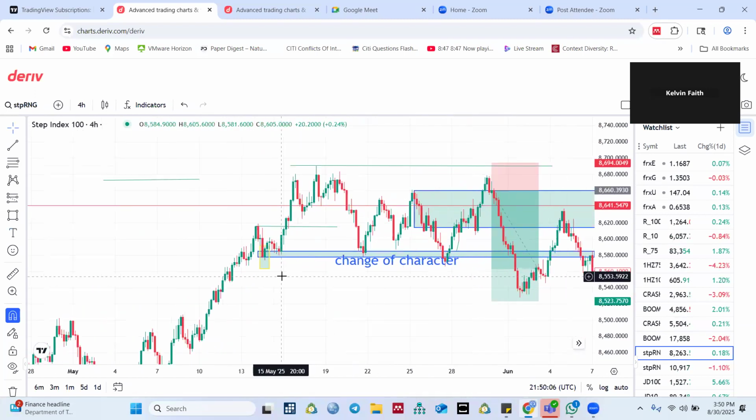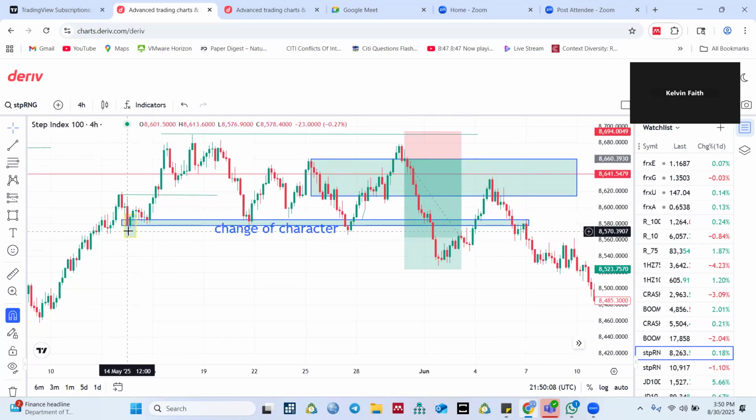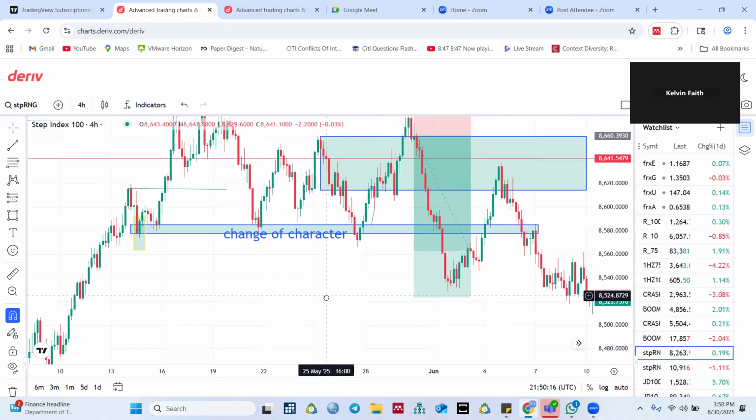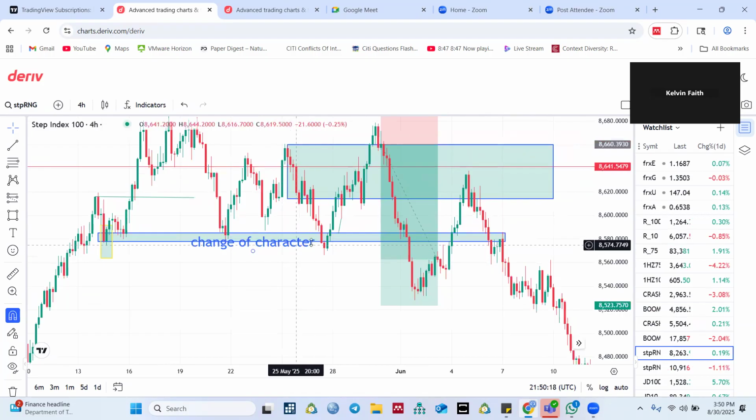If it is to be taken out, we will have a change of character. And we got that change of character. But according to support and resistance, we have an indication that we will go bearish below this area. Are you guys with me on this?